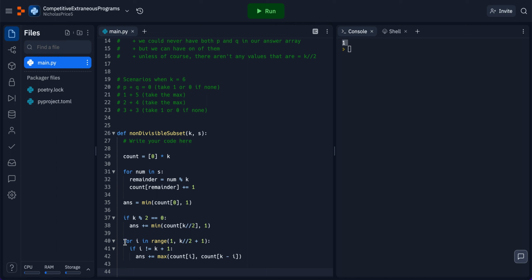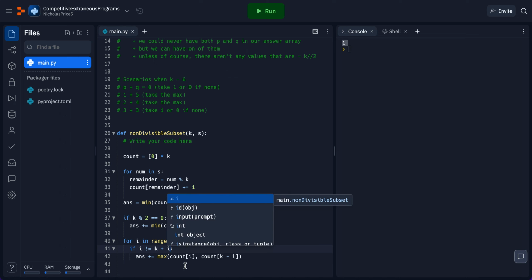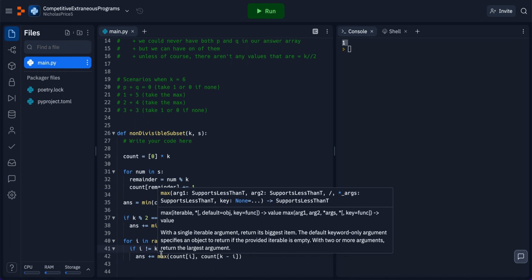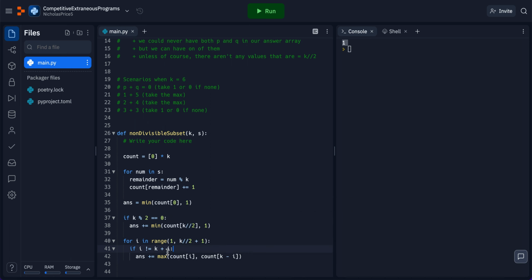So i != k plus, oh, I did it again. I'm so sorry. I keep writing ones instead of i's. Okay, i != k minus i. What would this mean? This would mean that i is equal to k minus i.